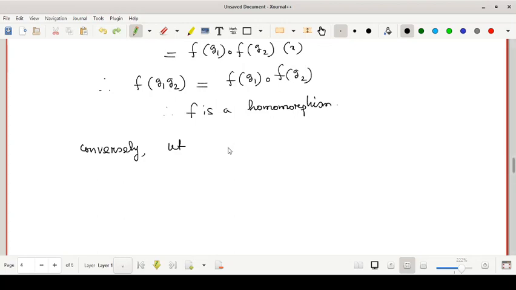Sigma generally denotes a permutation, so say phi from G to Sx be a homomorphism.